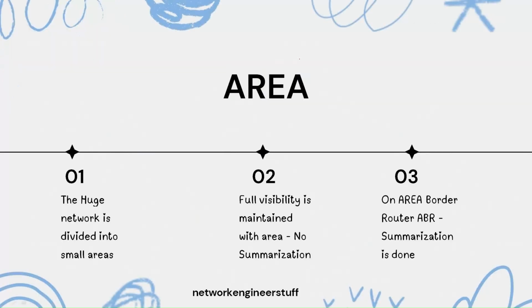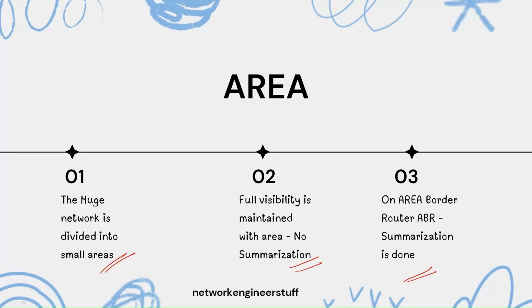So there are two things: for this huge network we have to divide it into smaller areas, and within an area we will do no summarization. Okay, summarization will be only done on ABR.